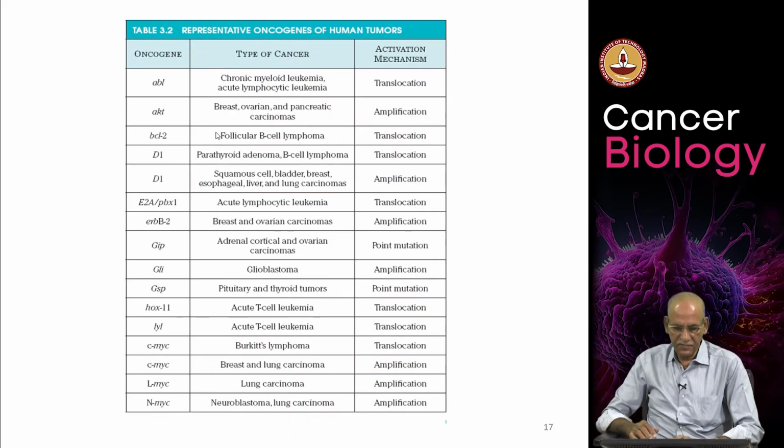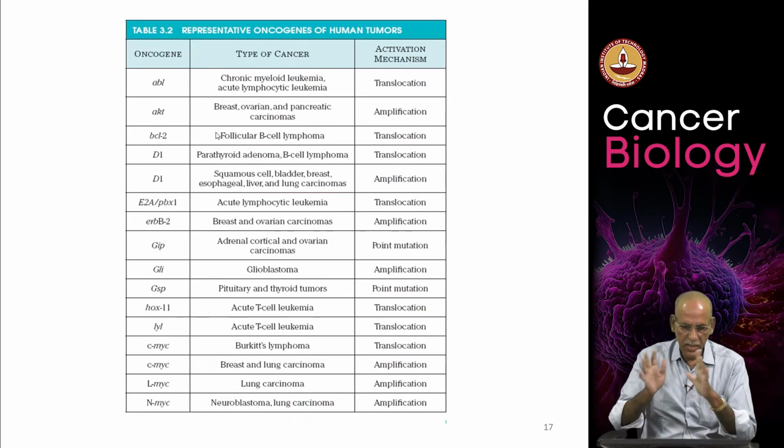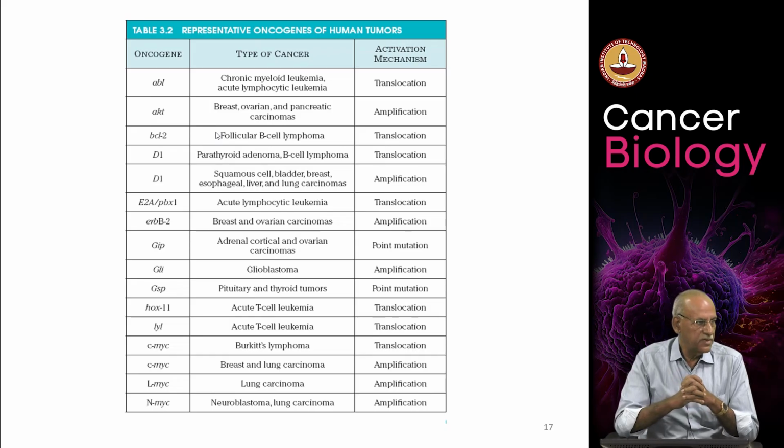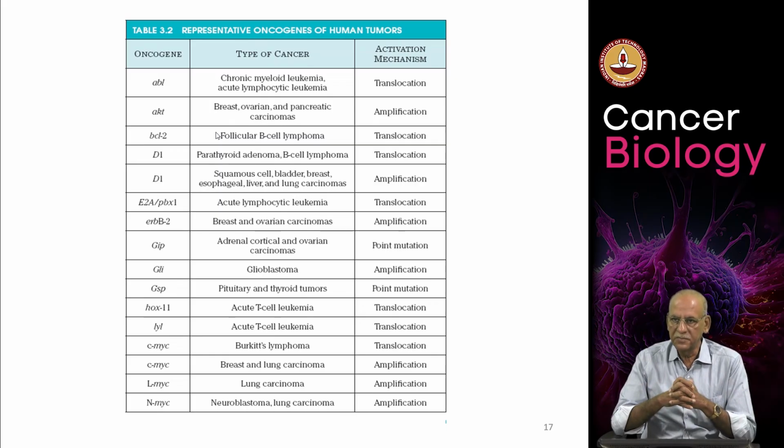So, we will stop here, because now we have completed this explanation on oncogenes. We will look into the various characteristics later, and then we will also talk about tumor suppressor genes. One by one we will discuss some of the major ones, because there are so many oncogenes and tumor suppressor genes, we will take some typical examples like P53 for tumor suppressor, RAS for oncogene.